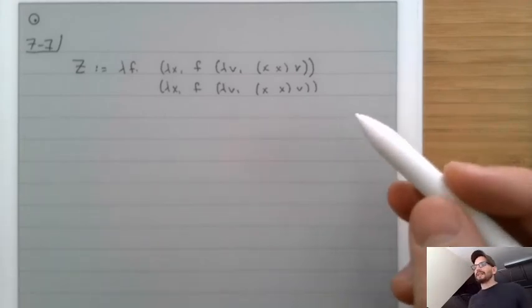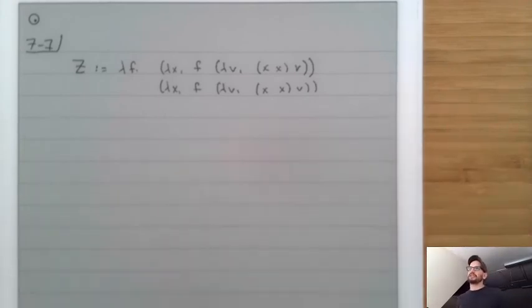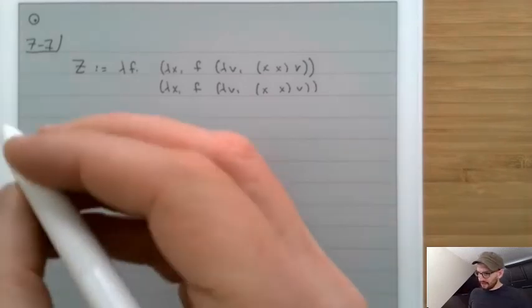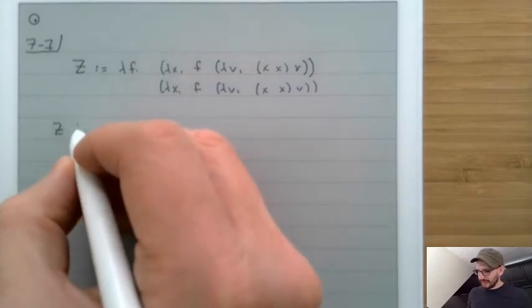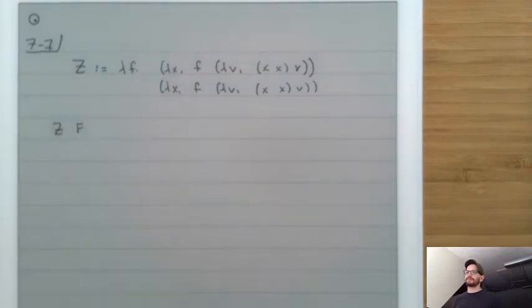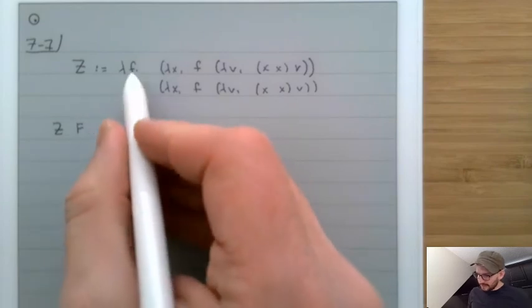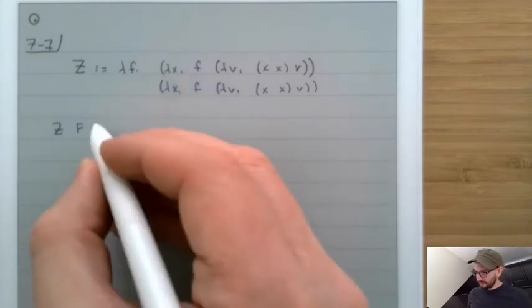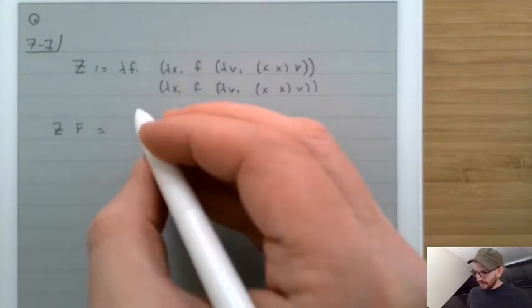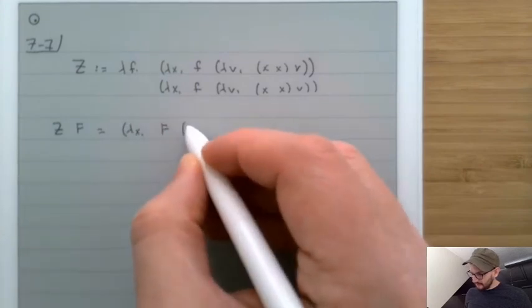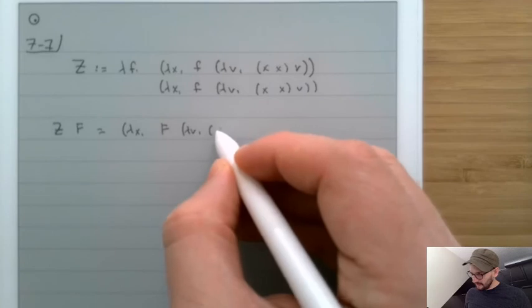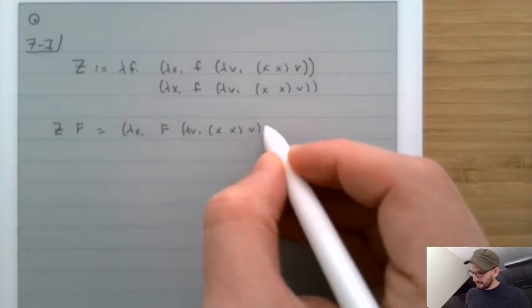Now, why does this work? Well, let's see it actually work. So, imagine we're going to call z with some argument capital F. Well, that means that this f right here becomes the big F. So we would get lambda x big F lambda v x x v.